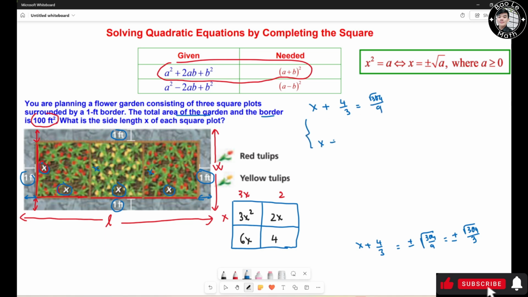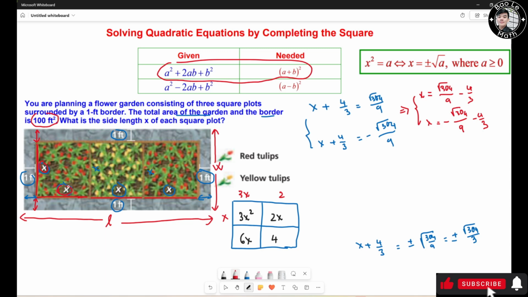And s plus 4 over 3 equals negative square root of 304 over 9. Right, so now we need to simplify by subtracting 4 over 3 from both sides. So it turns out to be s equals square root of 304 over 9 minus 4 over 3. And s equals negative square root of 304 over 9 minus 4 over 3.